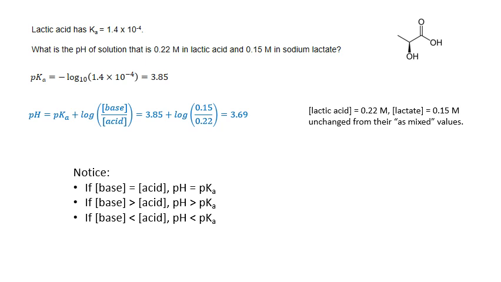If the base concentration is greater than the acid, then you'd expect the pH to be greater than pKa. And if the reverse is true, as in this example right here, the acid is 0.22 and the base is 0.15. So the base is less than the acid and the pH is less than the pKa. 3.69 is less than 3.85. So those are handy things to note.